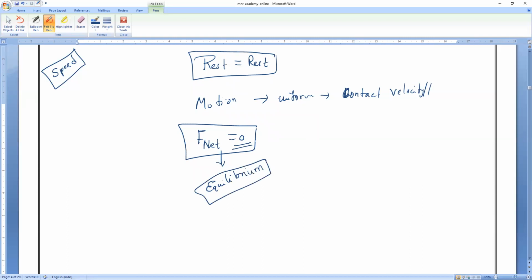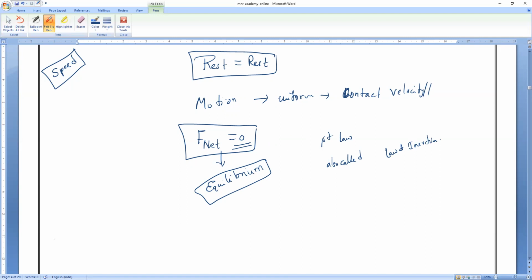F net equal to 0 is called equilibrium. And remember, the first law can also be called the law of inertia. Very, very important. Then we have to solve many sums with the help of the first law and find the tension. That is our duty.